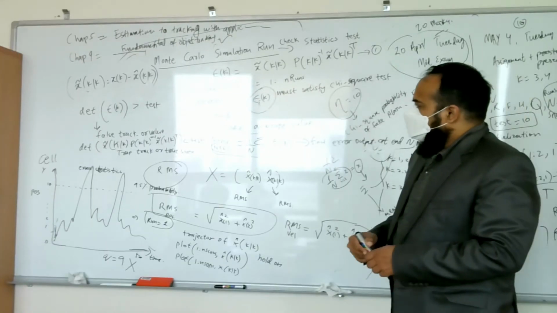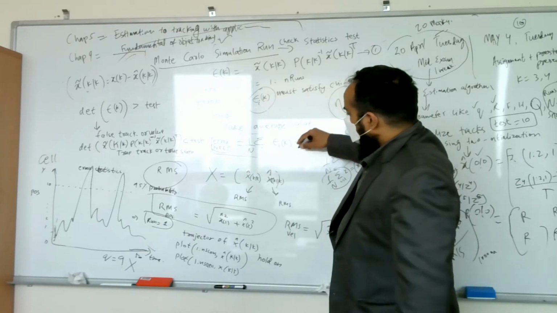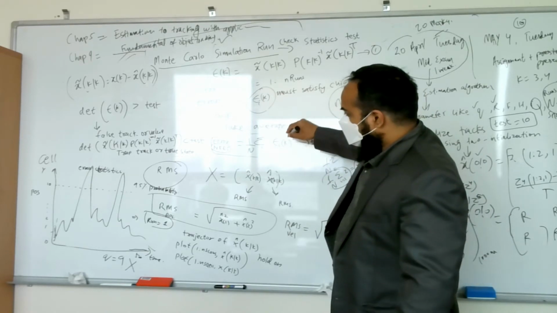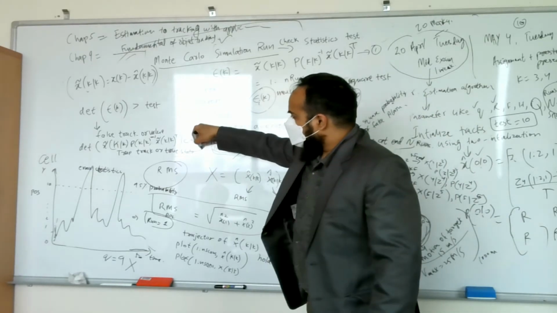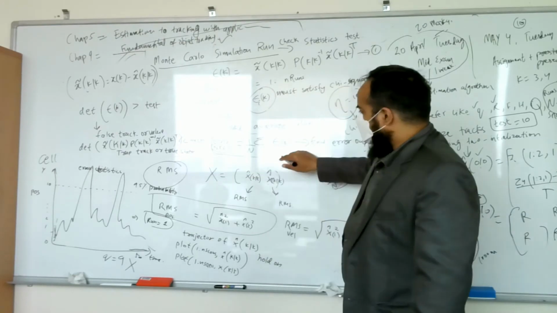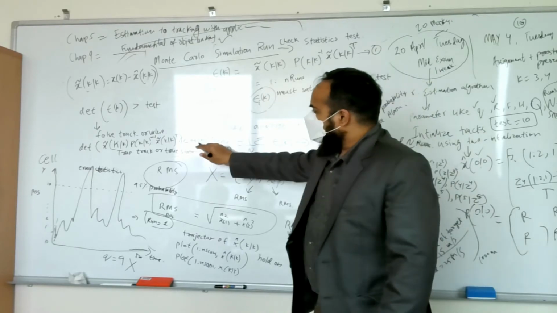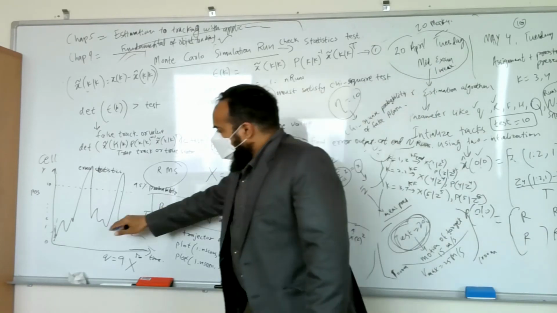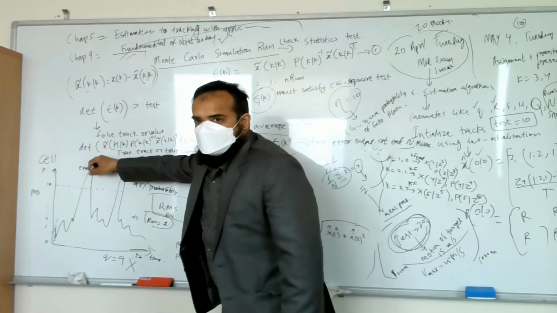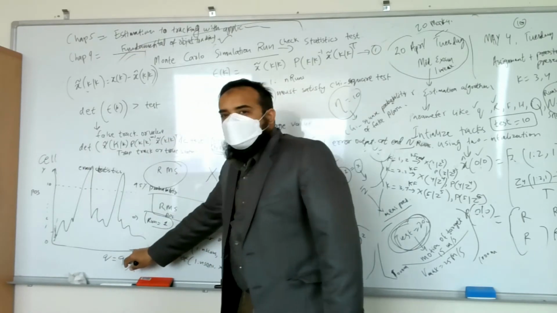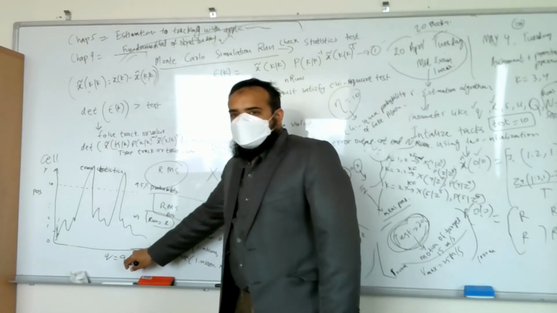So if your RMS value, or your error, satisfies this test, then it will be like this one, because your process noise is very high, 9. Okay?